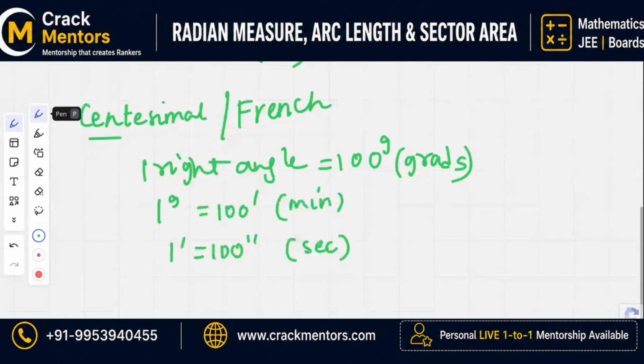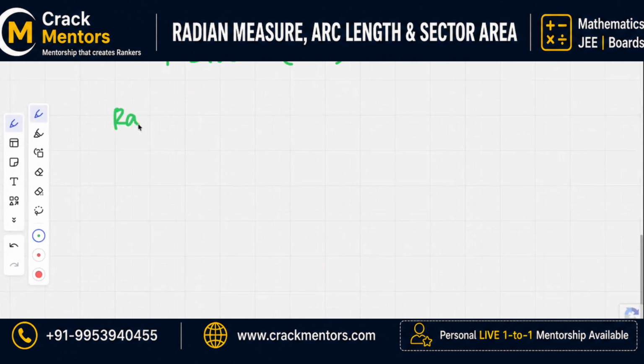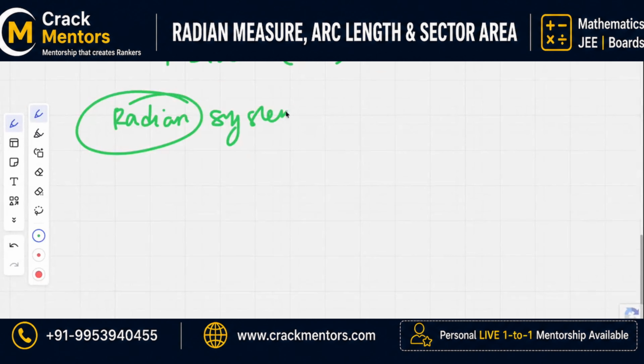Now the very famous one, radian system. So first of all, 1 radian, or you can simply write it like 1, this is defined, I mean, it's approximately equal to 57 degree.